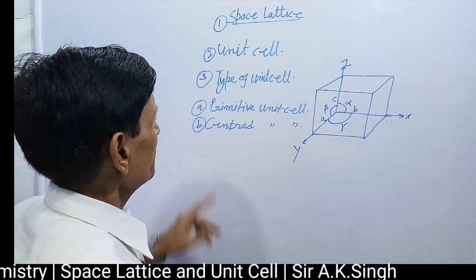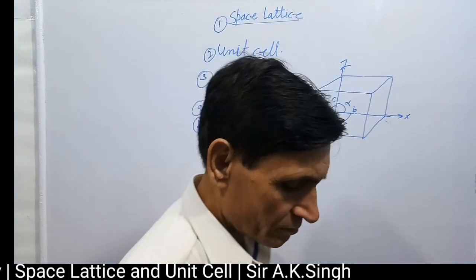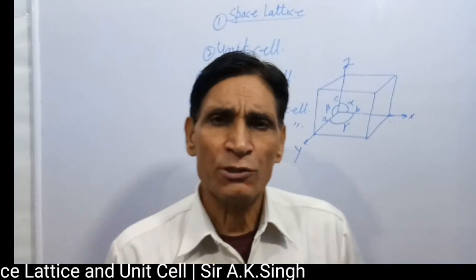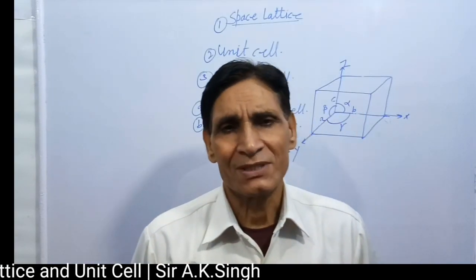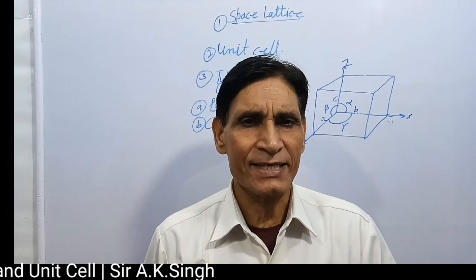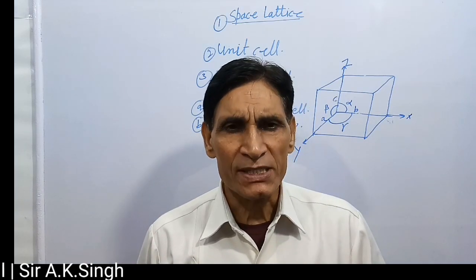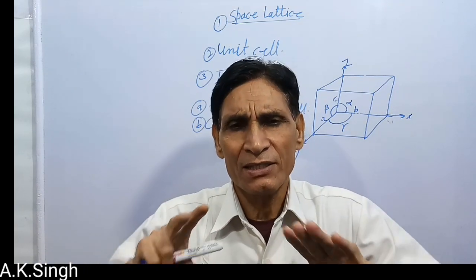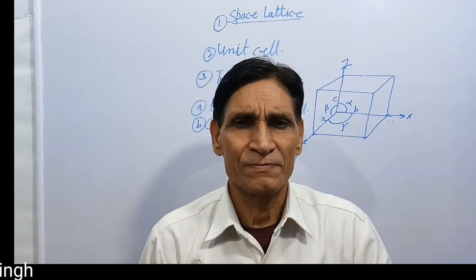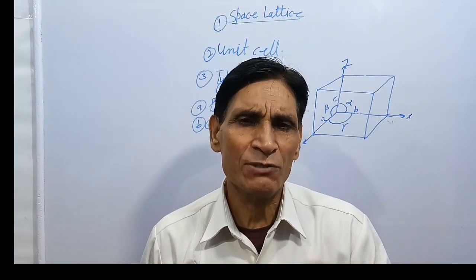First, primitive unit cell: a unit cell in which the constituent particles, atoms, ions or molecules are present only at the corners of the cell is called a primitive unit cell.